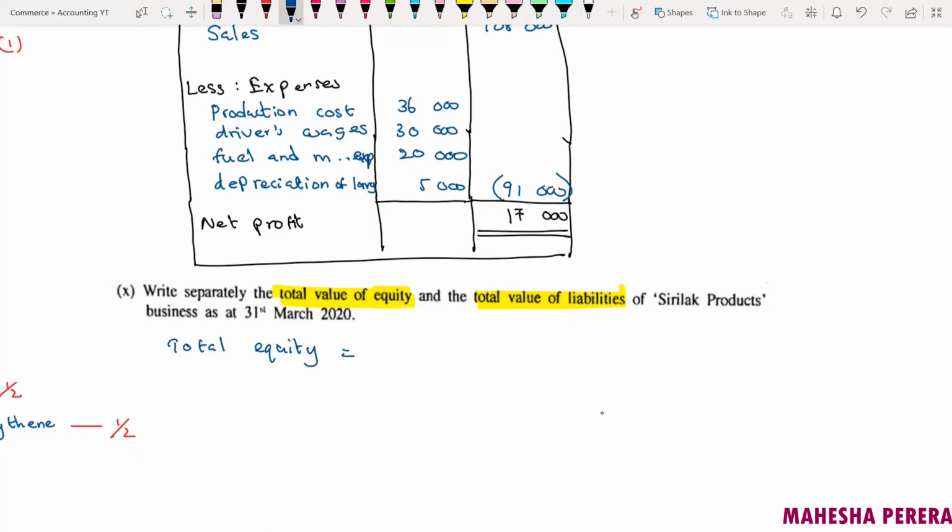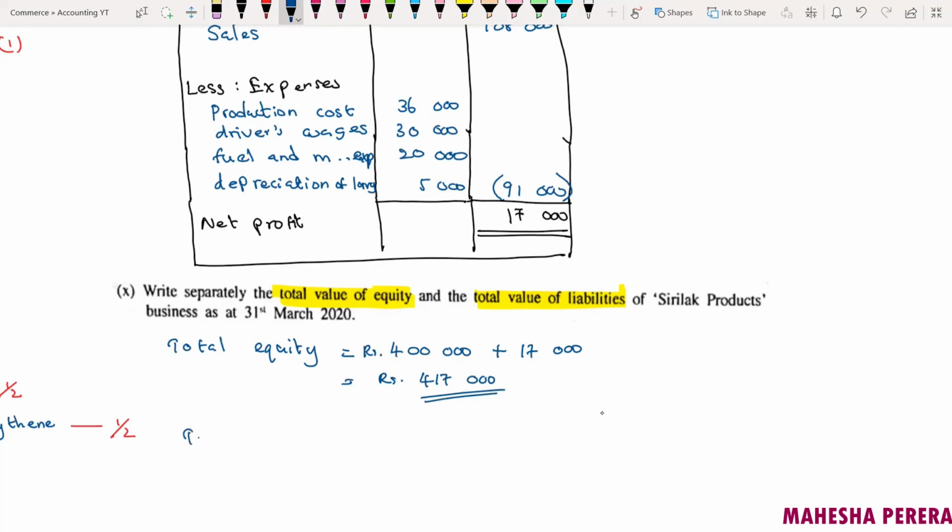Now you need to add the net profit to the capital amount. The capital amount is 400,000. Do you remember? As at 1st of March, by adding the cash amount and the value of the lorry, 400,000. For this, you need to add the net profit, which is 17,000, right? So the value becomes 417,000.